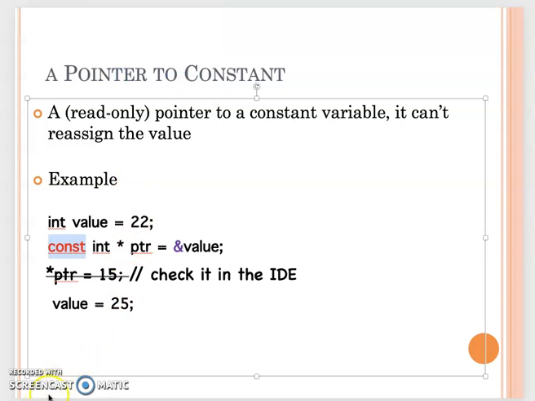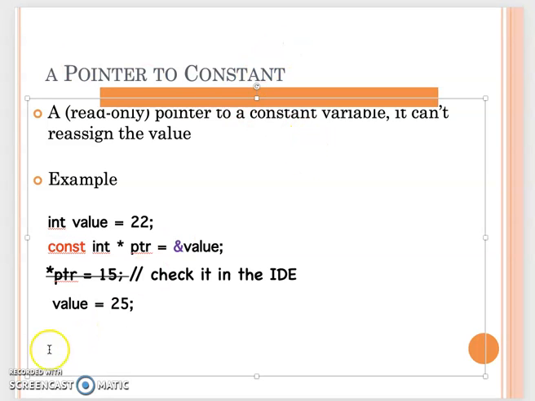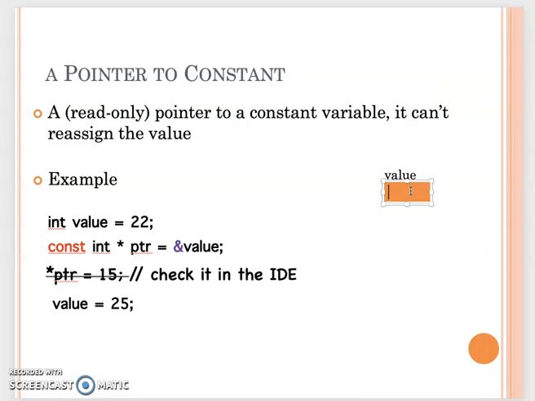So with this const keyword, what happens is, we do have a value variable, which is 22. Remember, value actually means the location of this memory address. Then I declare a pointer called ptr, and it will refer to the location where value is.